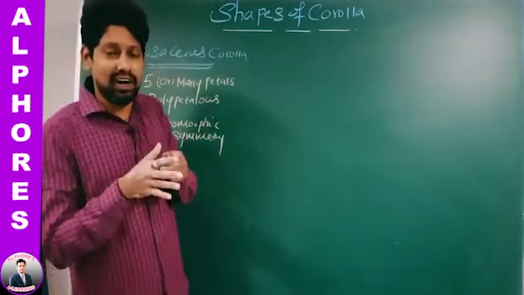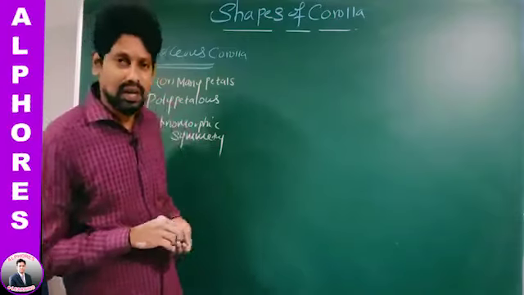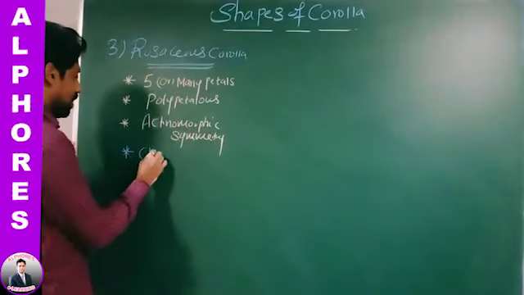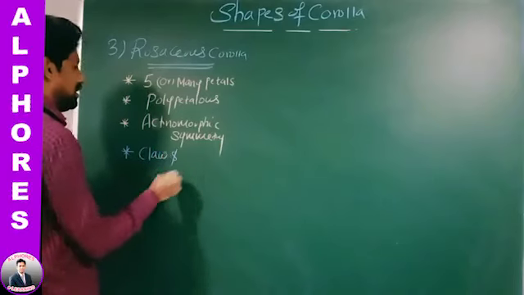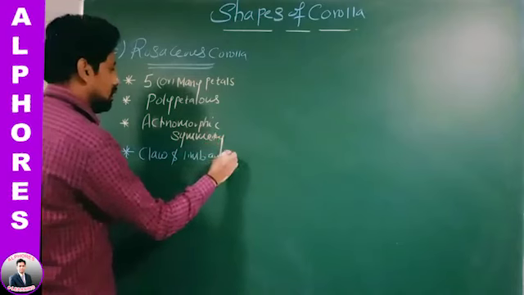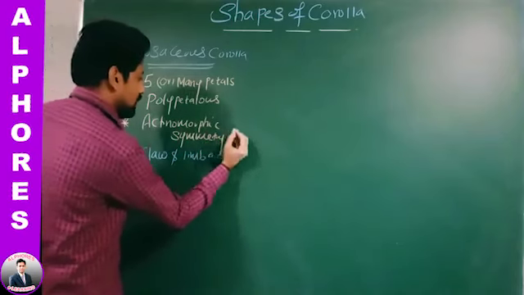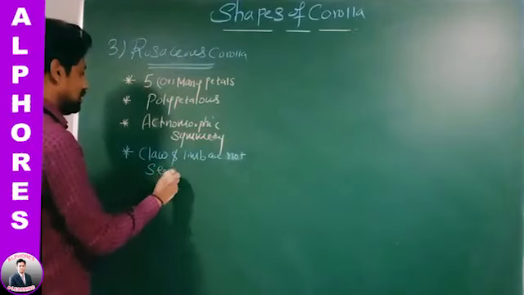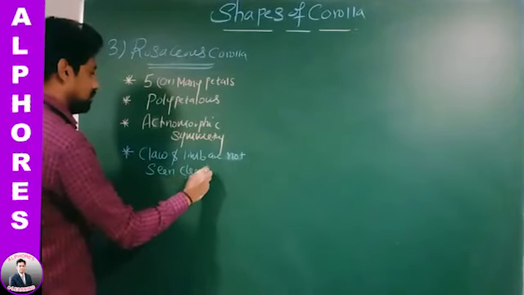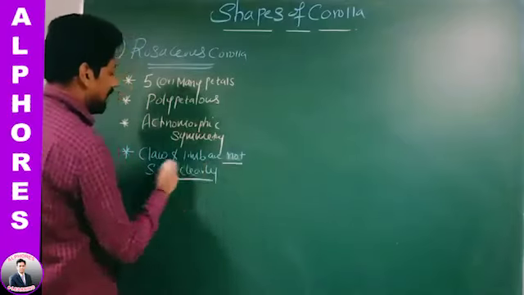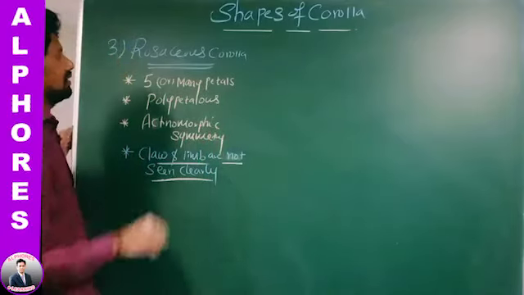What are not seen clearly? Claw and limb are not seen clearly.